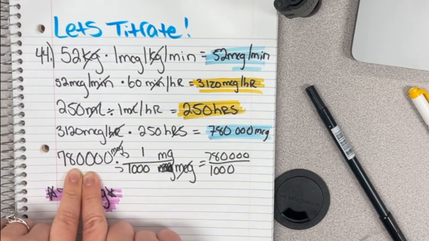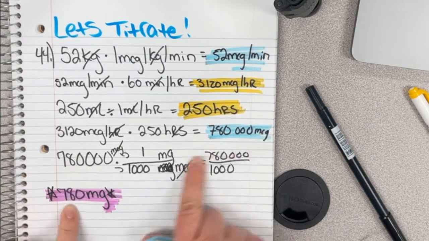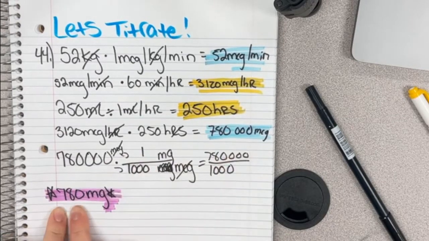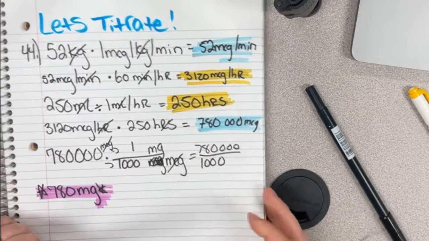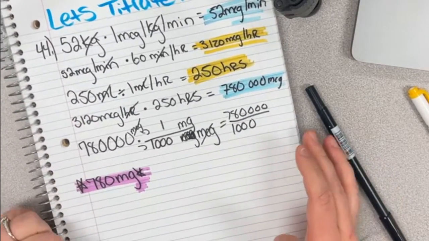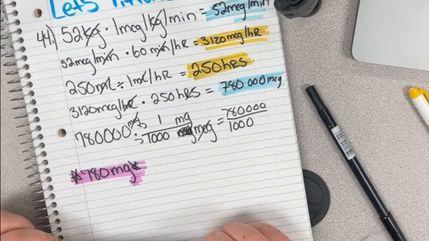And then at that point, we just need to convert our final answer into what the question is asking for, which is milligrams. And here we just did that simple conversion here, giving us 780 milligrams into that bag of fluid. And if you wanted to be super awesome, you could go on and calculate that in milliliters. But again, that is not what question number 44 is asking for.